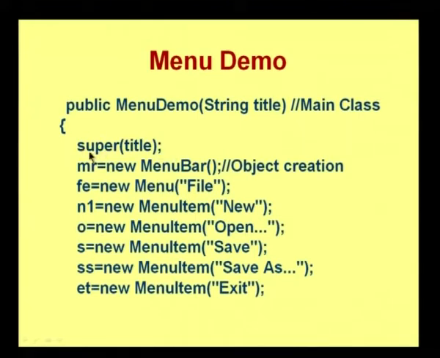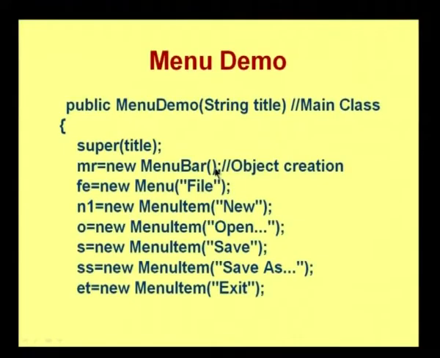What is your base class? Your base class is frame. So I am calling frame's constructor. Now a frame will be constructed with this particular title, whatever I pass here as a parameter. In my code, whenever I create an instance of this frame, the title I pass will be set to the frame, that is your base class.